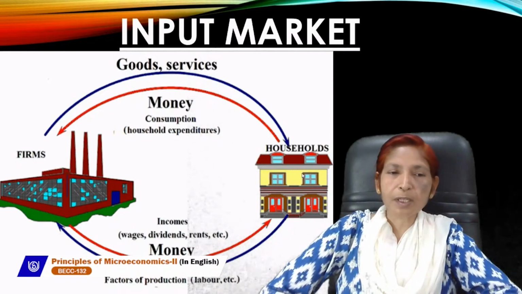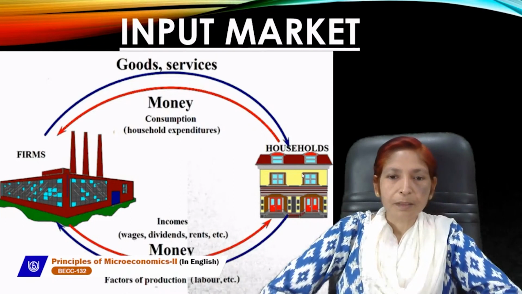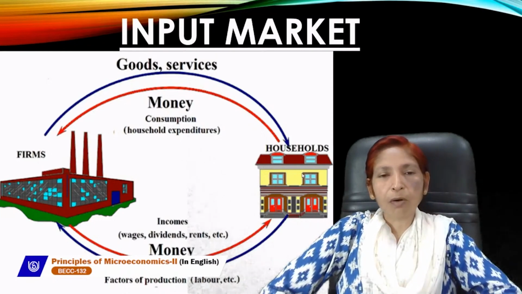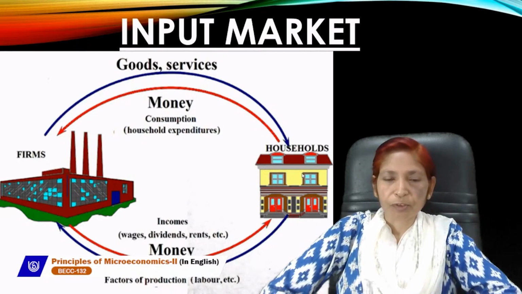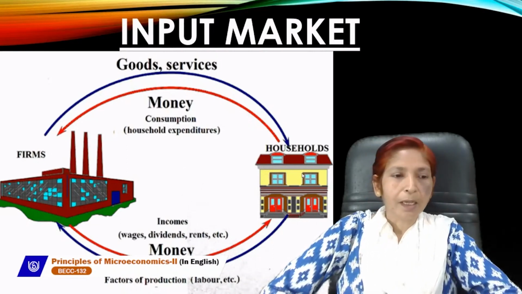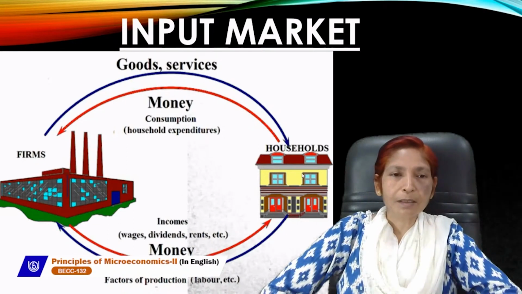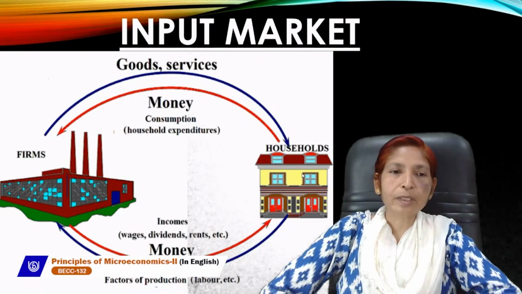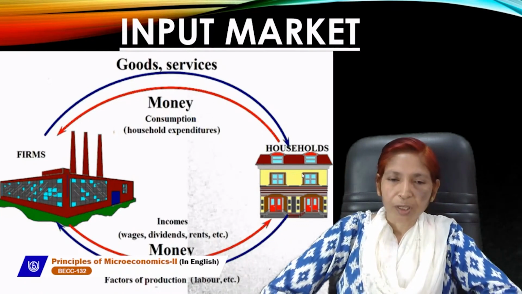As you know, firms are the main producing sector, and households are the owners of all the factors of production. We are all in the household sector, and firms are those sectors which produce goods and services.